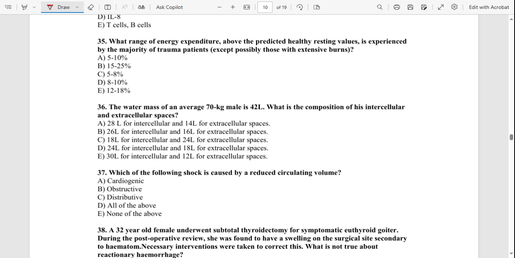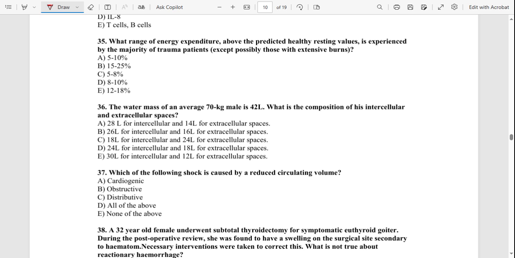And this elevation of the energy that the trauma patient is using is because after trauma someone is going to go into what we call the hypermetabolic state. So the hypermetabolic state is basically the response to injury. Someone injures themselves, and that's why the energy that you are using is a lot more than the usual.